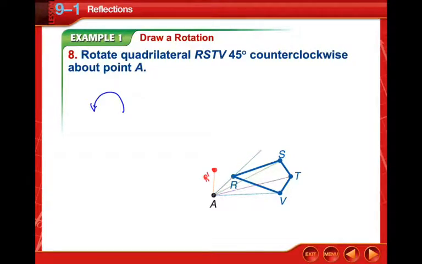So that is where I'm going to place V. Just a guess here. I don't know if I'm going to like how this is going to look. We'll see. It's not looking too terrible so far.